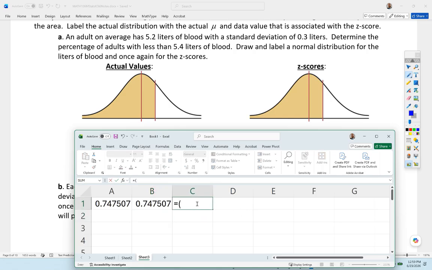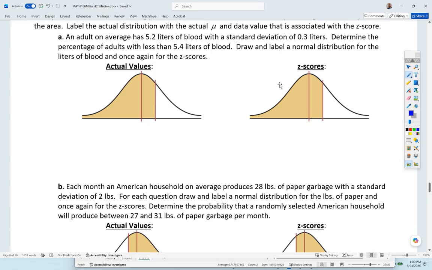We get 5.4 minus 5.2 divided by 0.3. So we can just take this and delete it and put in C1, because that's where the actual z is essentially. Same answer, right? So no matter which way you do it, you get the same answer. So basically, you don't need to do the z-score if you want the actual value, the actual noun, okay? You don't need to do that.